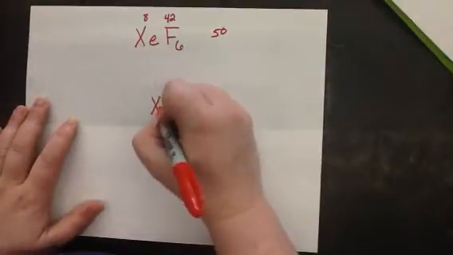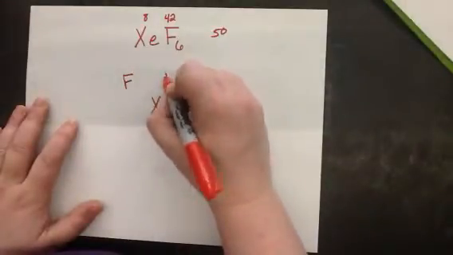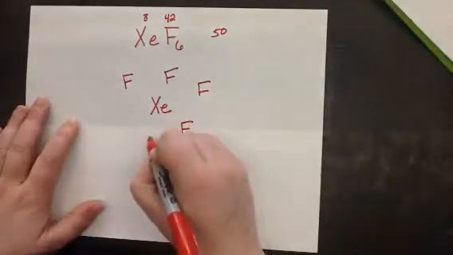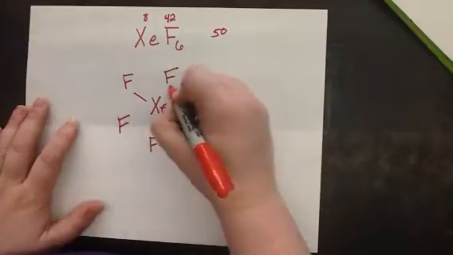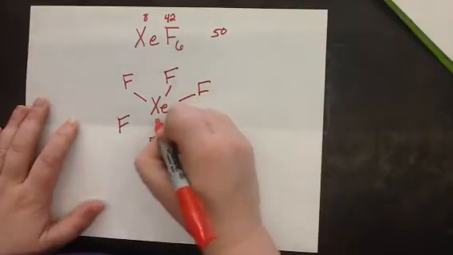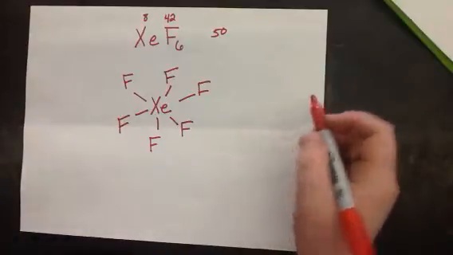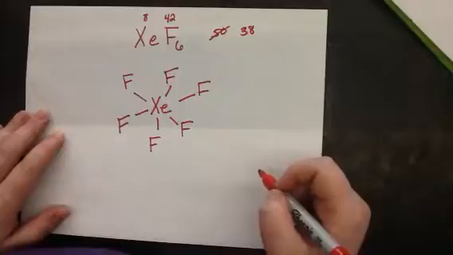Skeletal structure, xenon goes in the middle. 6 fluorines around it. Single bonds. Each one used 2, so 50 minus 12, we have 38 electrons left.